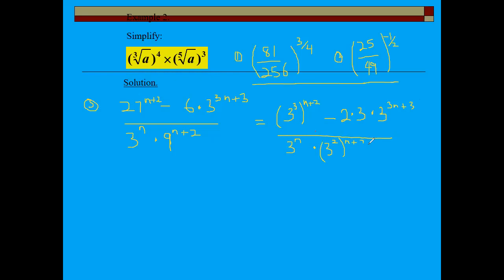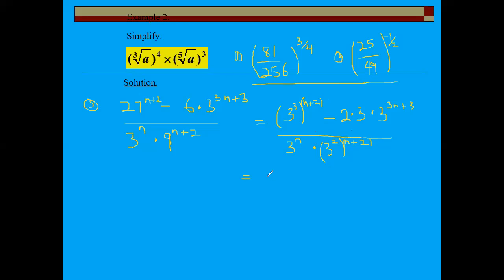So what's next? Now for the first 3 to the power 3, we use the power rule. So this 3 will multiply the outside, n plus 2, in brackets. The same way this will also come in.